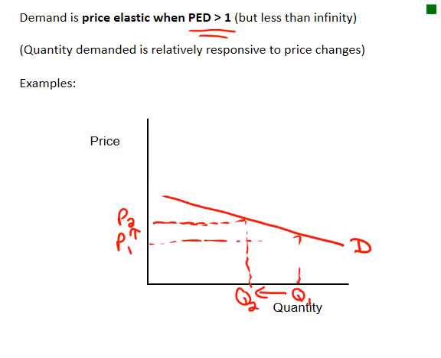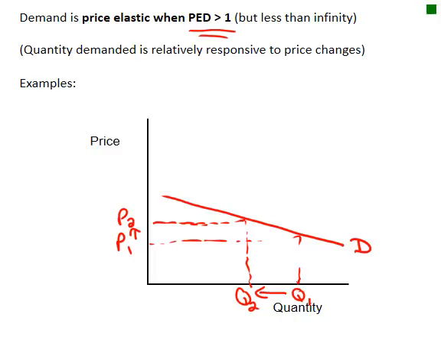Demand is price elastic when PED is greater than 1, but less than infinity. So quantity demanded is relatively responsive to price changes. This we tend to draw as a quite flat curve. Let's have, in this case, the price going up rather than down. We'll have this P1 and this being Q1, and we'll increase the price to here.